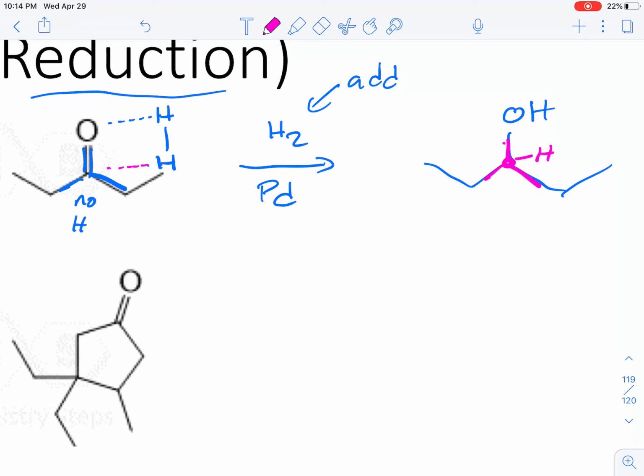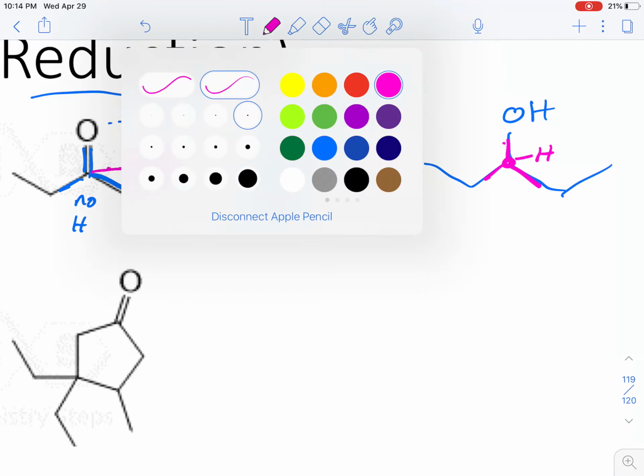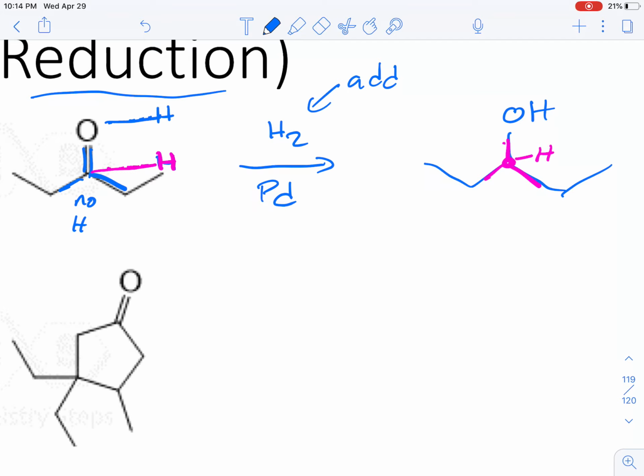So that was this hydrogen right here. When the reduction reaction occurs, this bond is going to be destroyed, and these dotted lines become permanent bonds. And we're also going to lose one connection between carbon and oxygen.